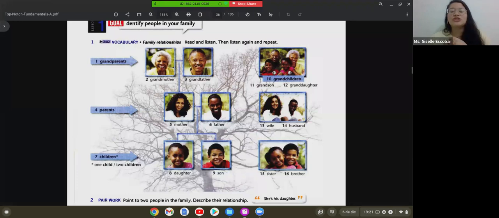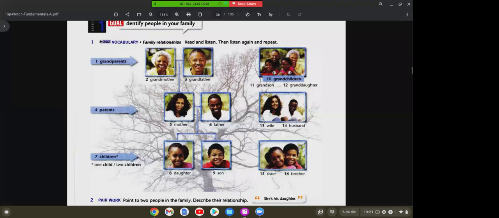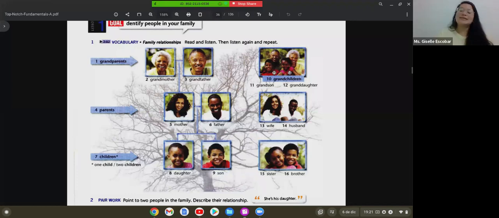Describe their relationship. What is the meaning? Describe la relación. Exactly. So instead of pointing, because we can't point, no podemos señalar aquí, solo vamos a decir el número, ¿ok?